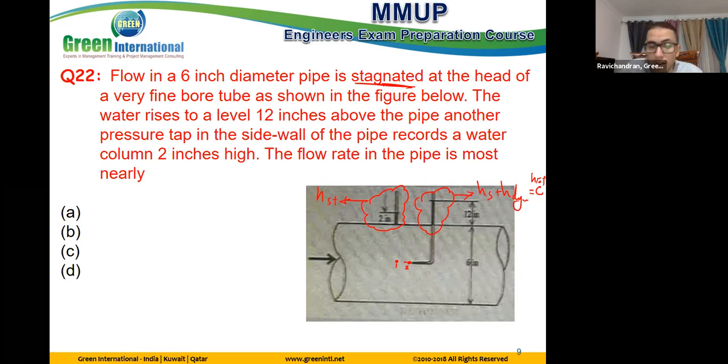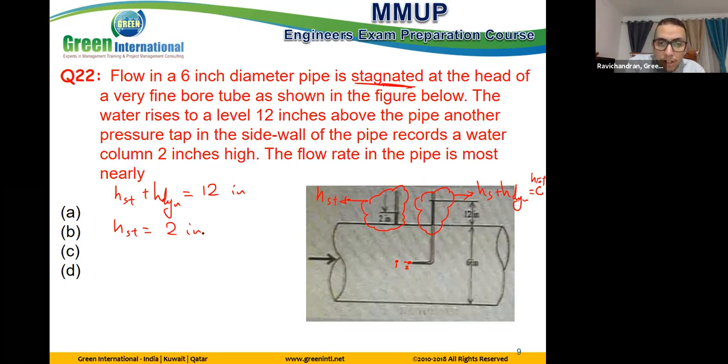Clear now? So we have H total, H static plus H dynamic, equal 12 inch. And we have H static equal 2 inch. Why does the other one represent static only? Because the flow is still moving, with no effect on the velocity.